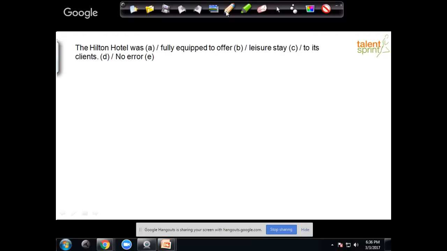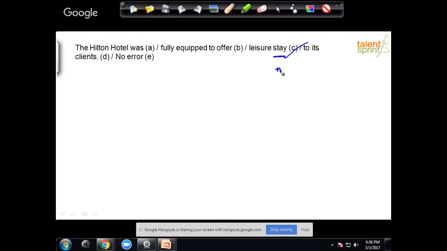Okay. Equipped itself means what? That they have something, right? It has. So the Hilton Hotel was fully equipped. The word equipped itself means they have what it takes to offer. Yes, Pramod, that's correct. The error is in part C.